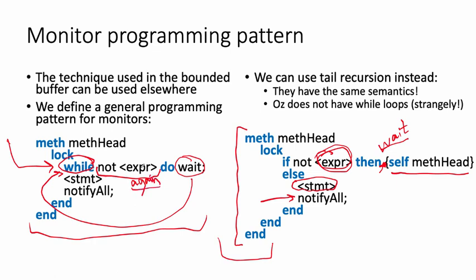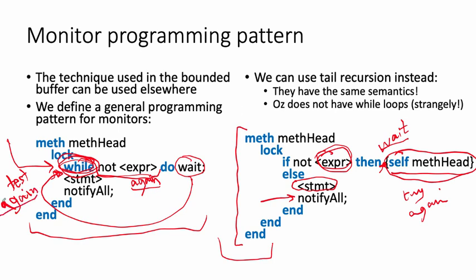When the wait wakes up, it will go immediately to the while and test the condition again. And it might become false because another thread might come in before me. So it's not enough to do an if. You have to do a while, or you have to do recursion like this. You have to try again, or you have to test the condition again.